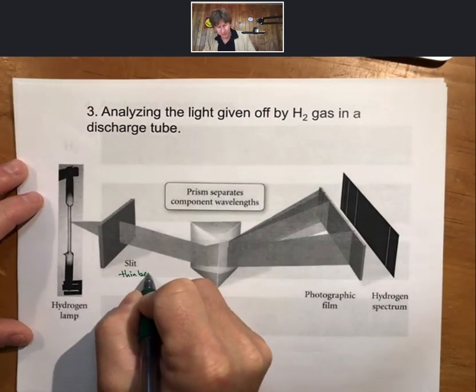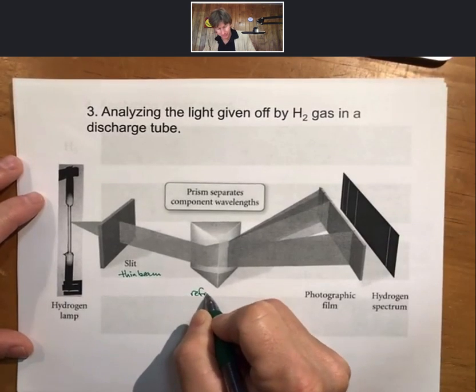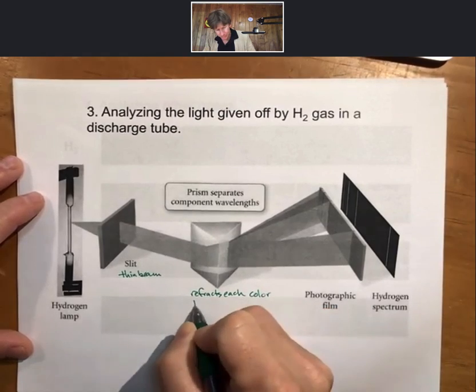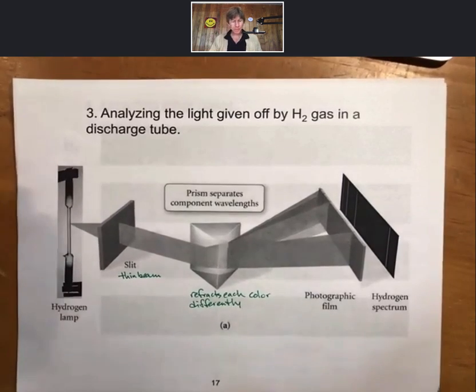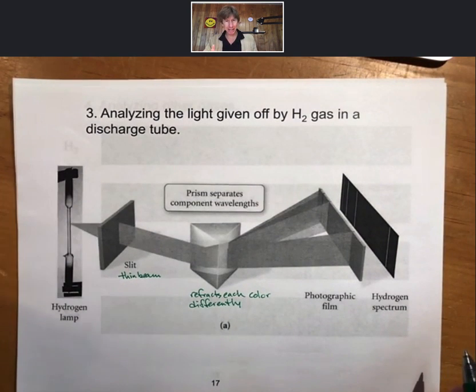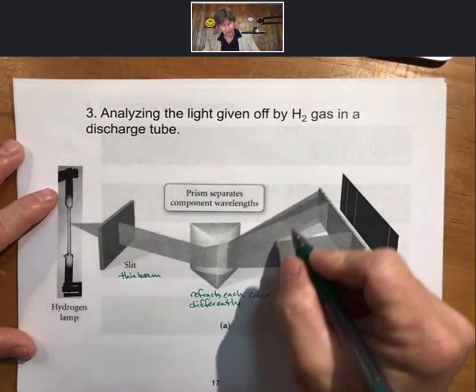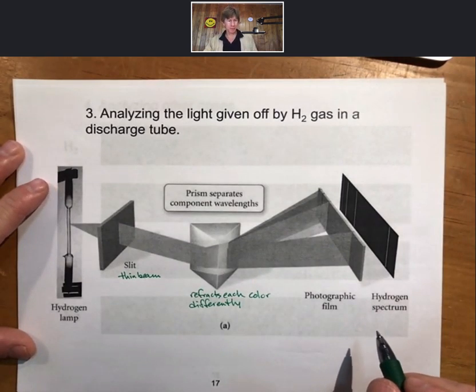Then the prism refracts each color differently, and that's because of each color's different wavelength and how it interacts with the prism. Happy to say more about that in office hours too, but that's enough for now, I think. It refracts each color differently, thereby separating the colors onto some sort of screen or photographic film.